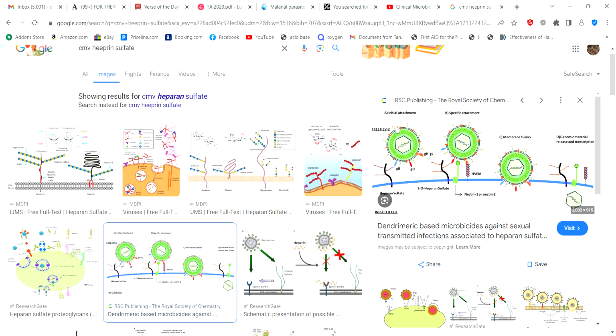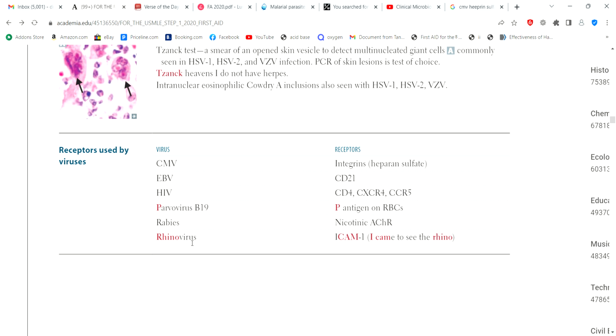Imagine this is CMV. CMV comes and binds the cell through heparan sulfate. That's how we remember this, because I can't find a proper picture.